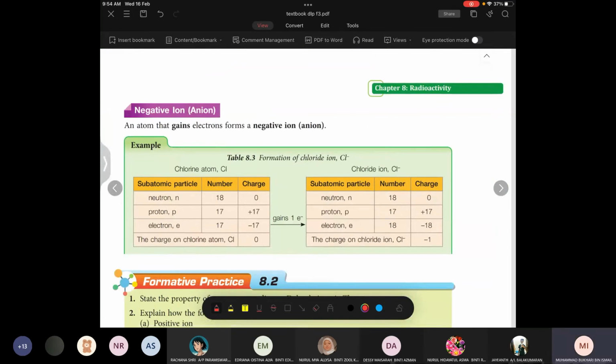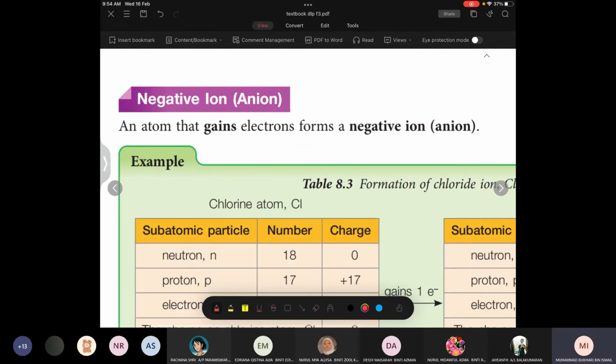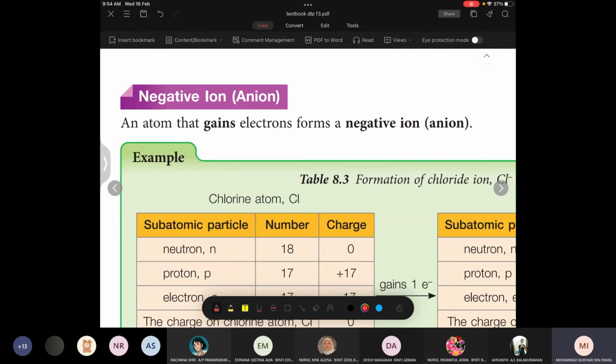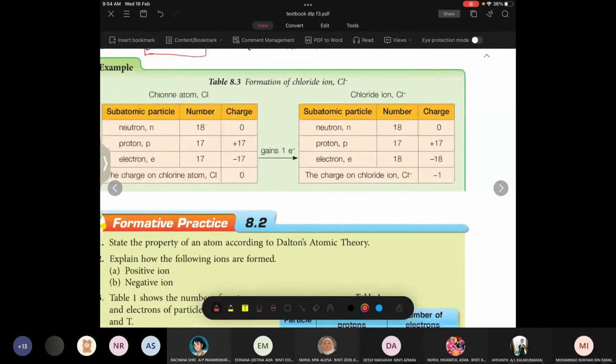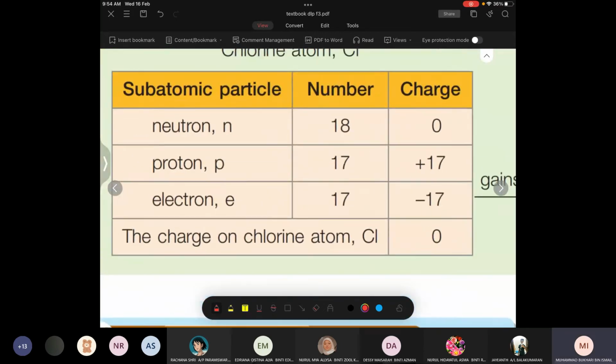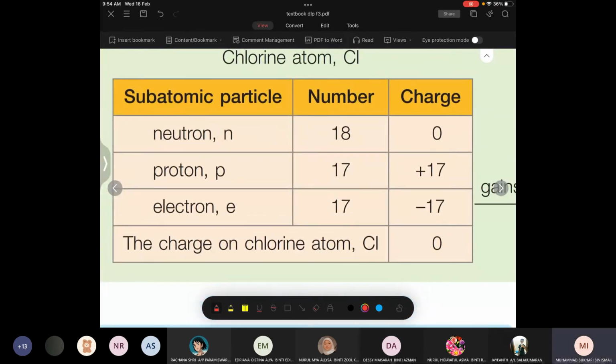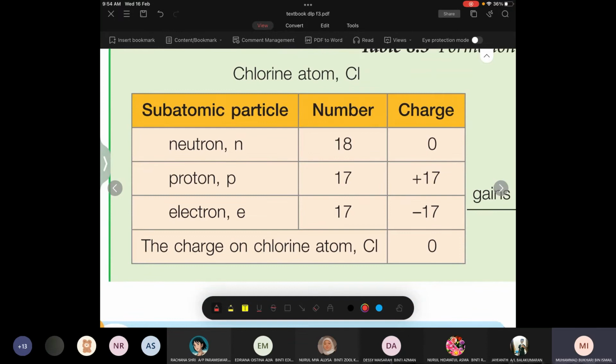Okay, what about negative ion or anion? Negative ion: an atom that gains electrons forms a negative ion. Okay, you can see this is neutral, right? This is a chlorine atom. It is neutral. So what happens?